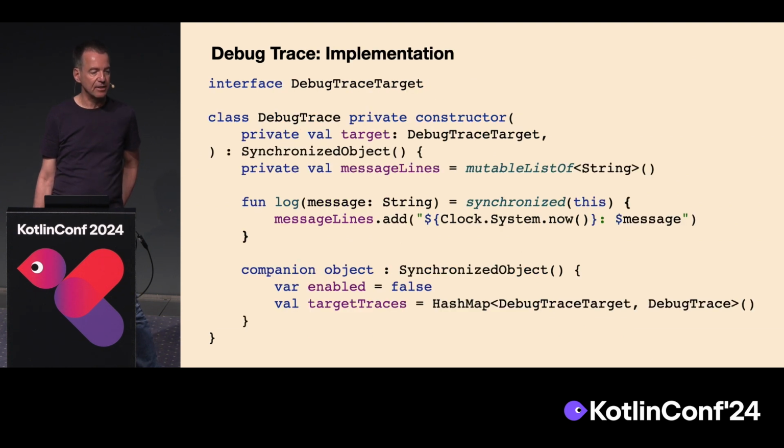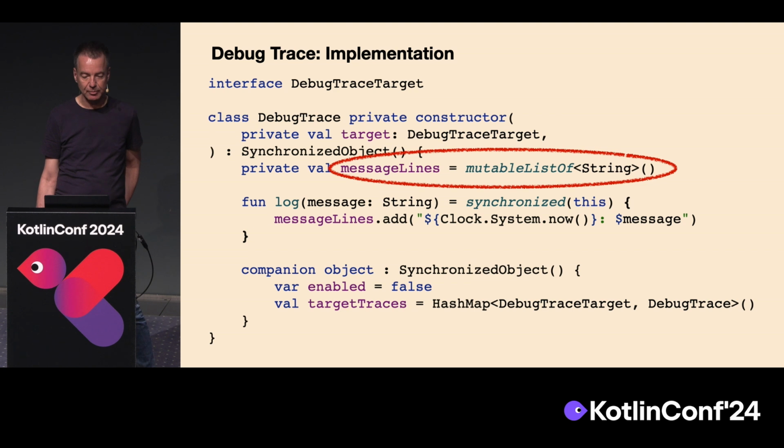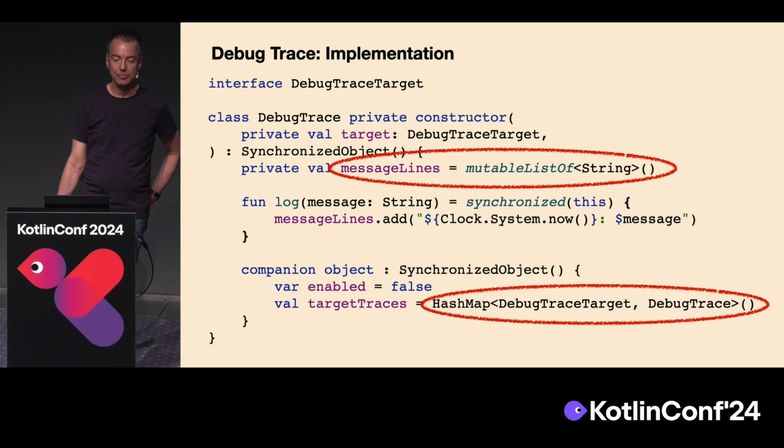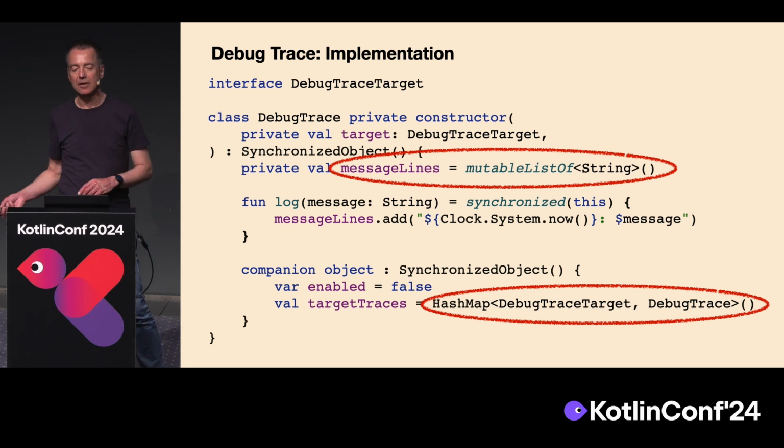And the actual implementation of a debug trace is quite straightforward. It's basically a thread-safe mutable list of text lines. And then we store a global map of objects to their debug traces to keep the debug trace overhead away from our production objects.